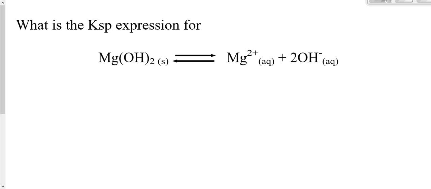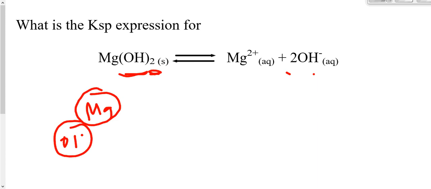Are you back? Great. My magnesium hydroxide, when it dissolves into solution, makes 1 magnesium ion, and from the equation here, we can see it makes 2 of the hydroxide ions. So I've written 2 of the hydroxide ions. We could picture it as a magnesium attached to 1 hydroxide here, and attached to another hydroxide here.